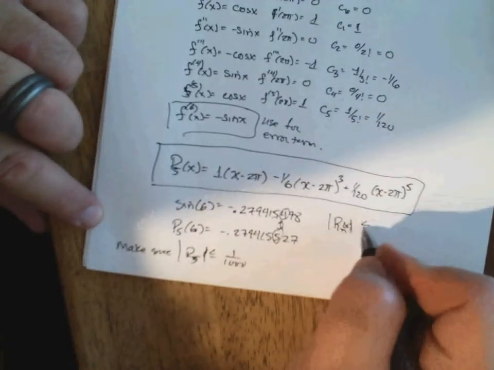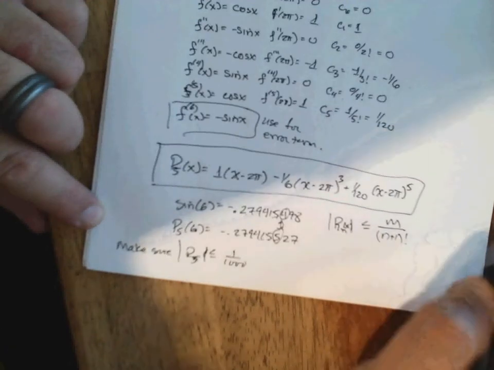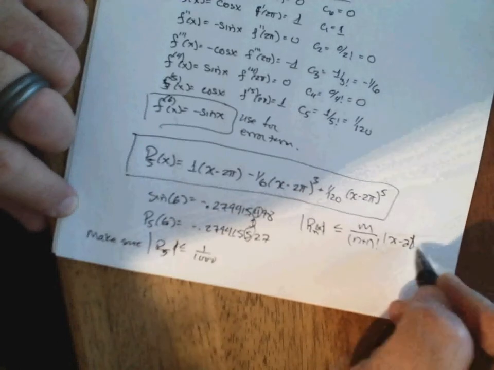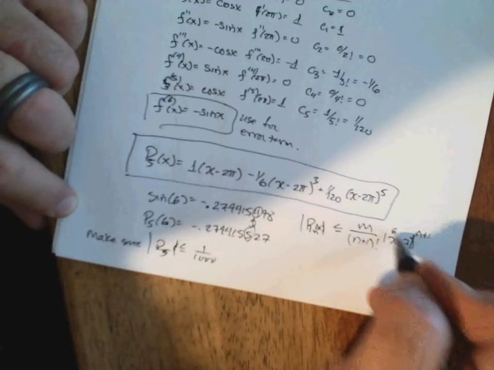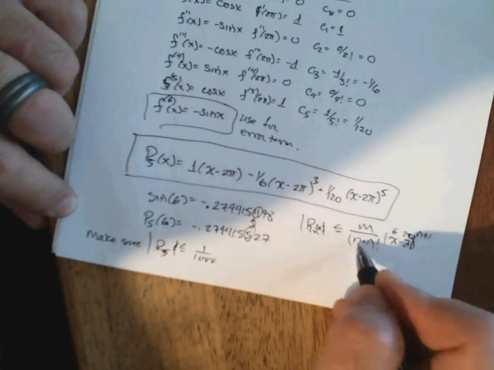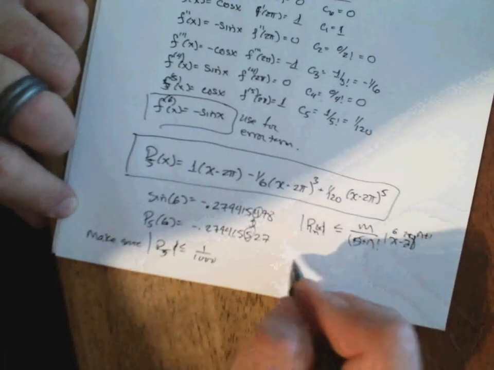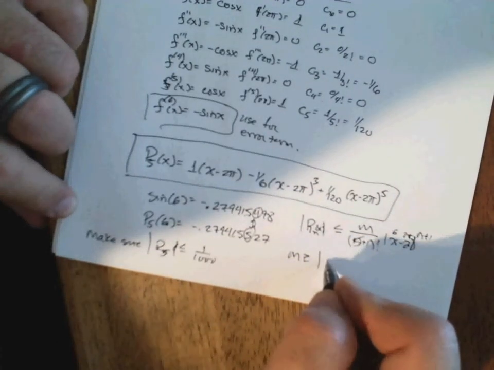And so recall that the R sub n of x is less than or equal to m over n plus 1 factorial times x minus a to the n plus 1. And of course the 6 is what goes here, the 2 pi is what goes here, the 5 goes here. We just have to figure out the m.